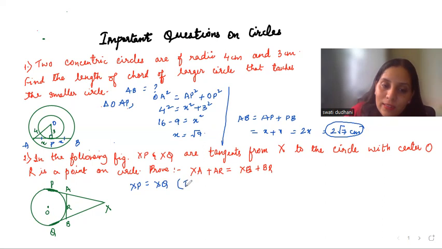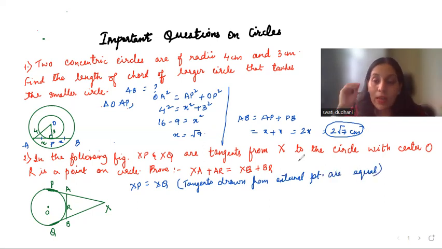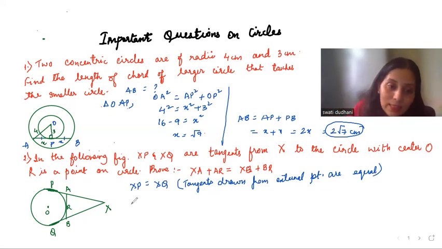You can write the theorem: tangents drawn from external point are equal in length. All right. Okay. Now, how can I write XP? XP can be written as XA plus AP from the figure. And XQ can be written as XB plus BQ. Okay. Now, let us take this equation.